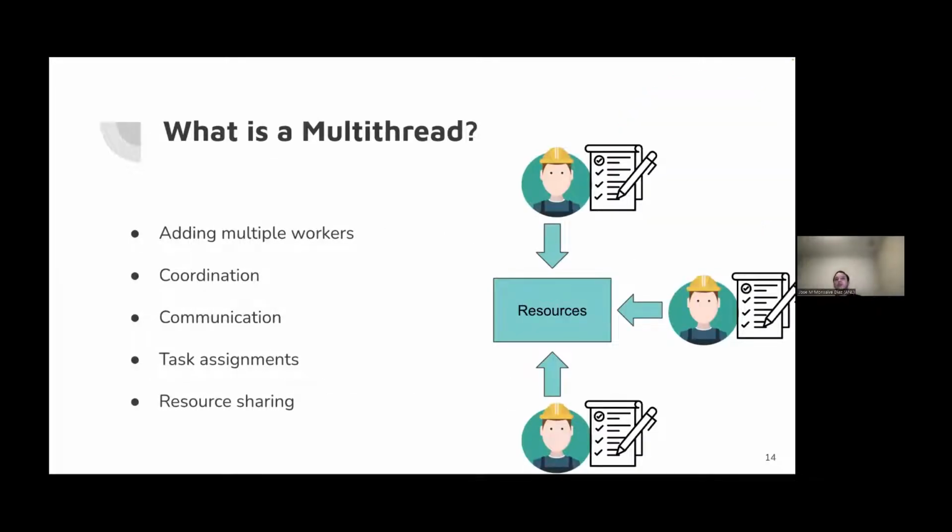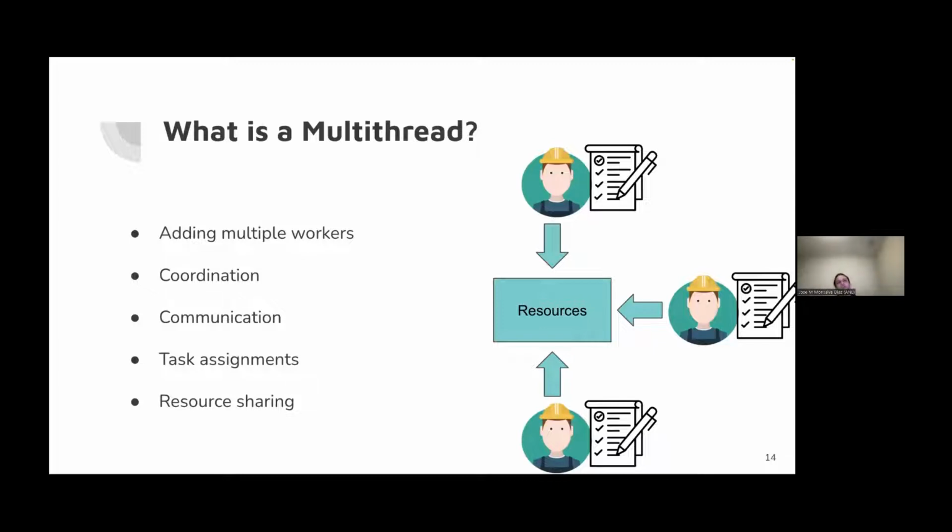When we talk about multi-threading, we now have a little bit more of an issue, because the problem is that all these workers are going to be working on resources that are shared. Examples of shared resources are memory, but they can also be file systems, network, and other resources in the system.